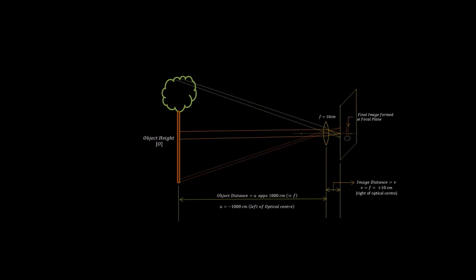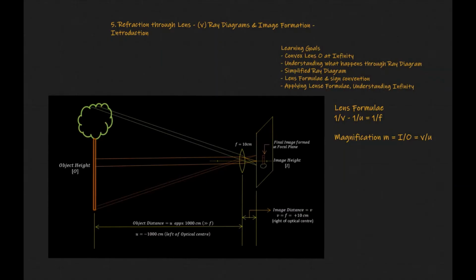The height of the object can be represented as O, and height of the image is represented as I. In the demo that we have seen just now, we can predict where the image will be formed by using what we call the lens formula.